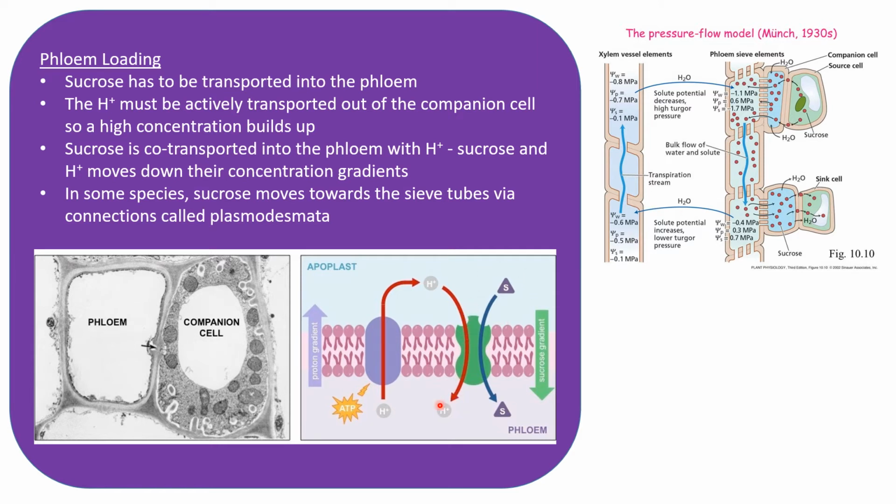In some species, there are holes between the cells called plasmodesmata, and they allow the sucrose to move through into the phloem, but that's not in all species, just in some species.